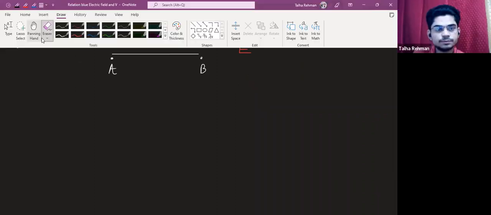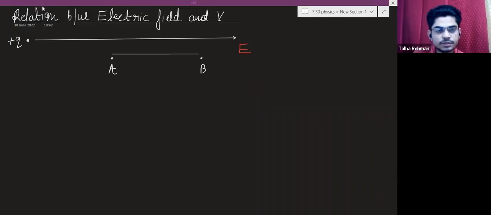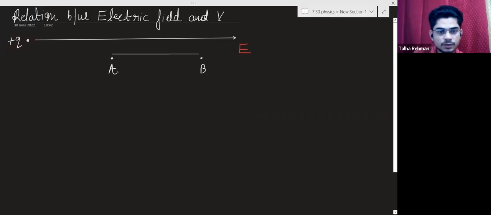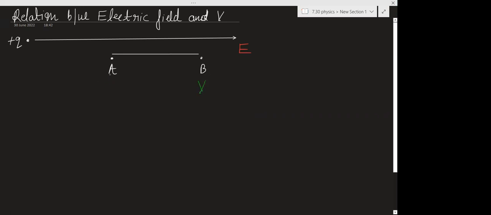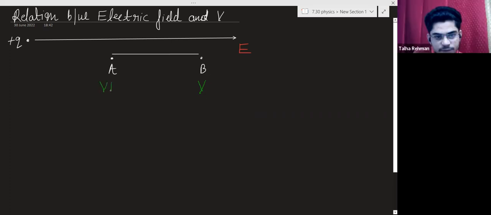So now I am supposing that this point B is at a potential of V, and this point A is at a potential of V plus dV. And this AB distance is dr. Means this AB distance is very small, and dV is the change in potential. We also knew that the potential of A is greater, so I have written here V plus dV.